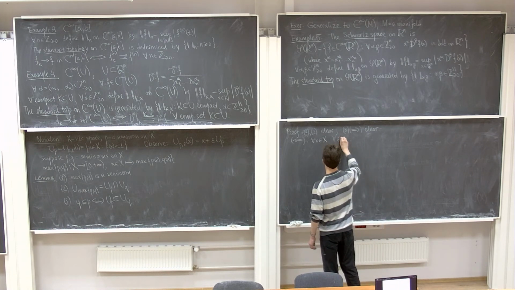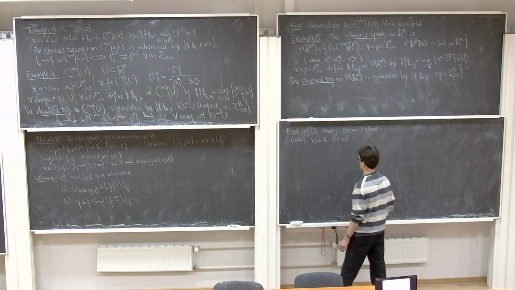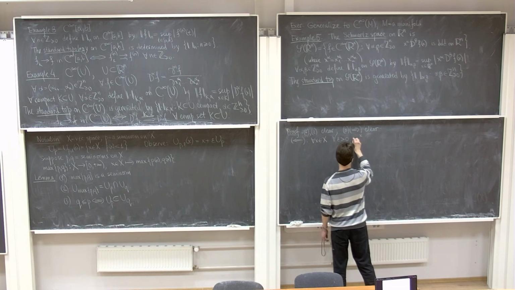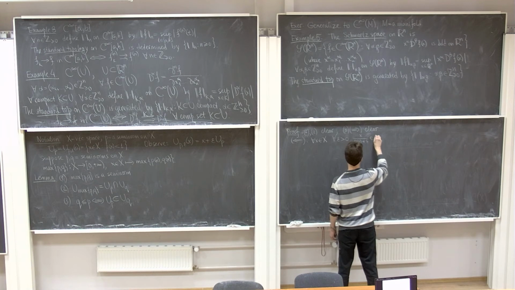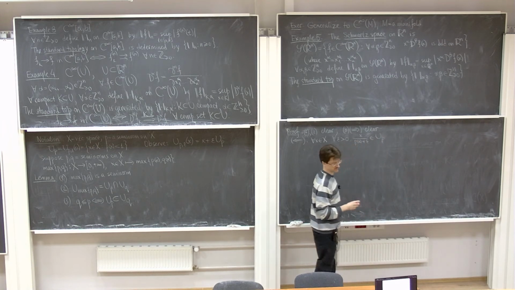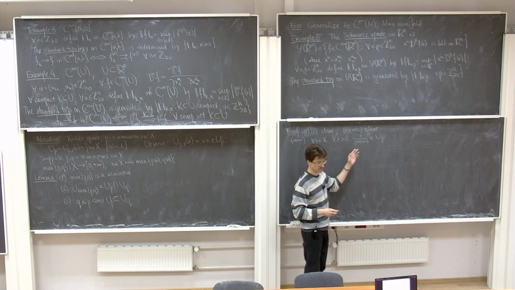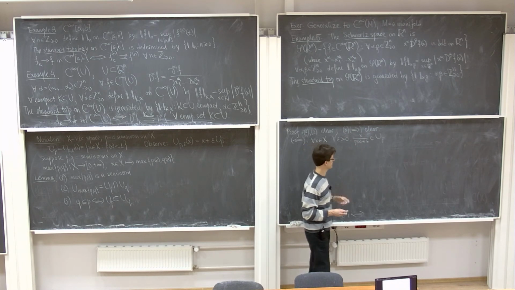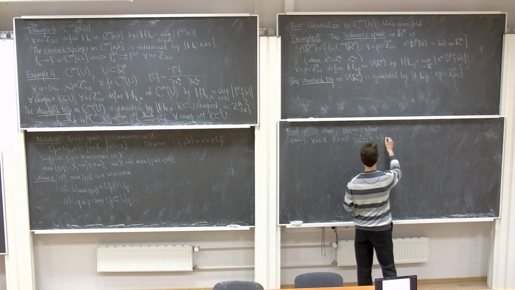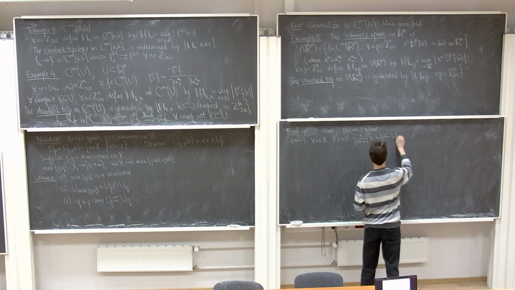We take an arbitrary positive epsilon, and we observe that x divided by P of x plus epsilon sits in UP, because if we apply P to this element, the result will be strictly smaller than 1. But by assumption, UP is contained in UQ.